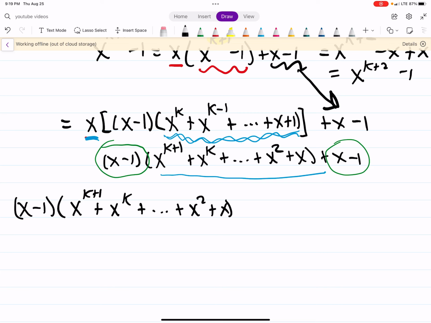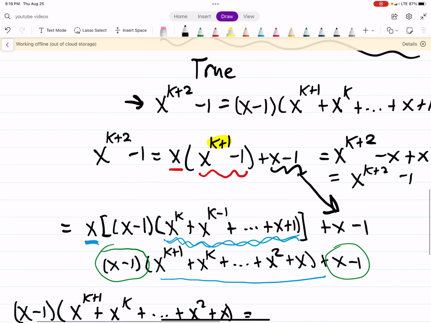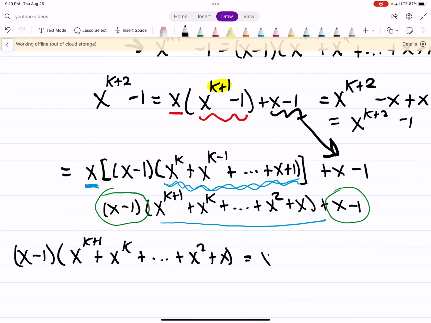Okay. And yes, I think we're good there. And that'll be equal to whatever we had before, which was x to the power k plus 2 minus 1.